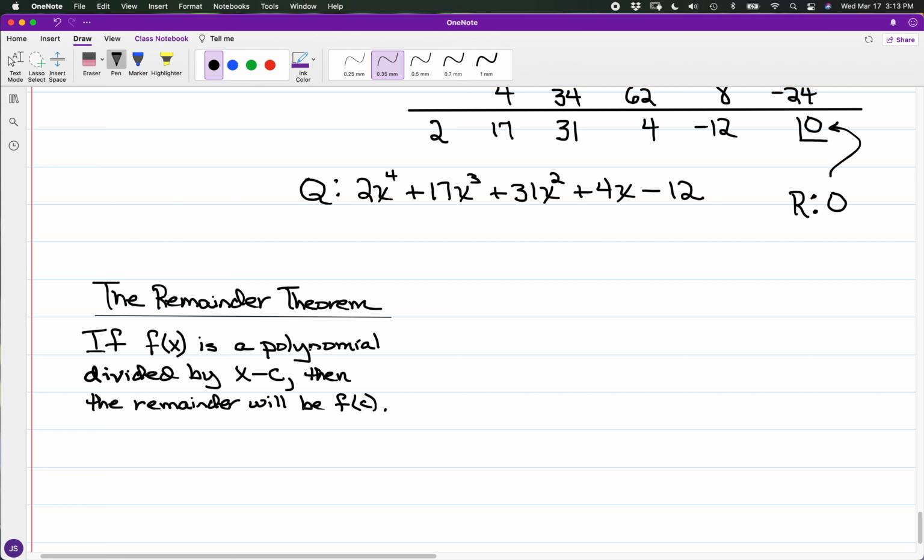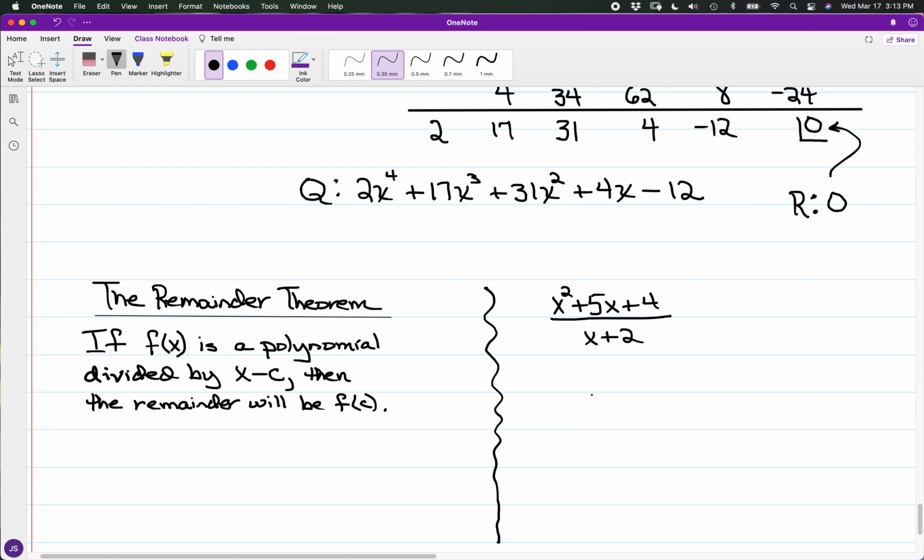Okay. And let me provide a slight degree of separation between what we have done so far. Let's say you're looking at determining the remainder of x squared plus 5x plus 4 divided by x plus 2.